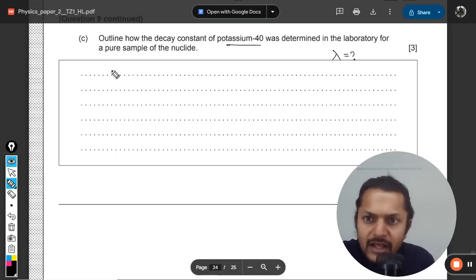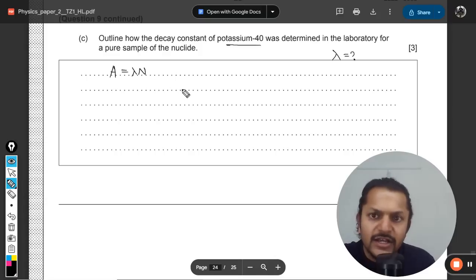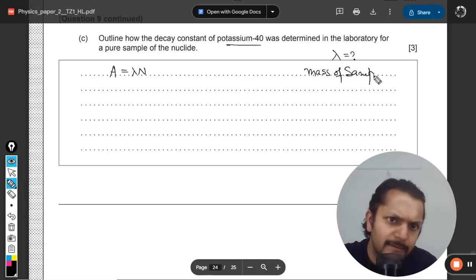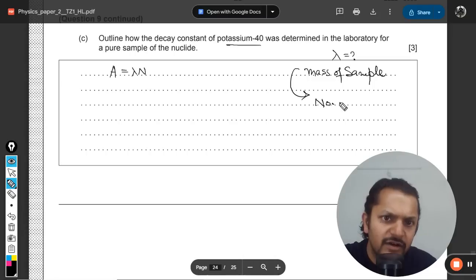So the activity of a sample is related with the number of particles. We will first find the mass of the sample, then we can find the n, the number of atoms.